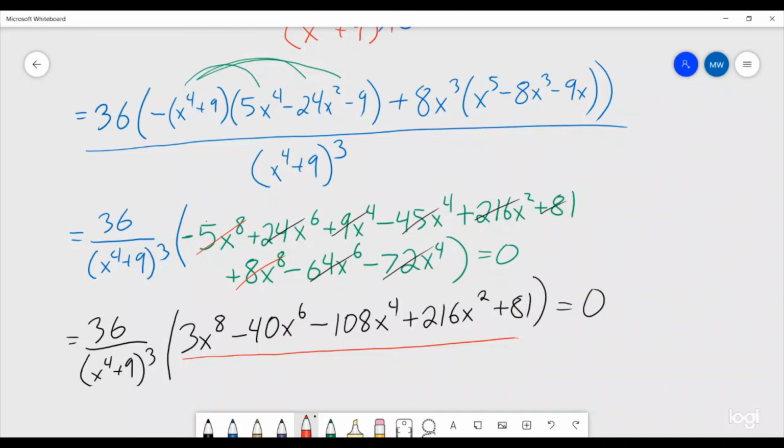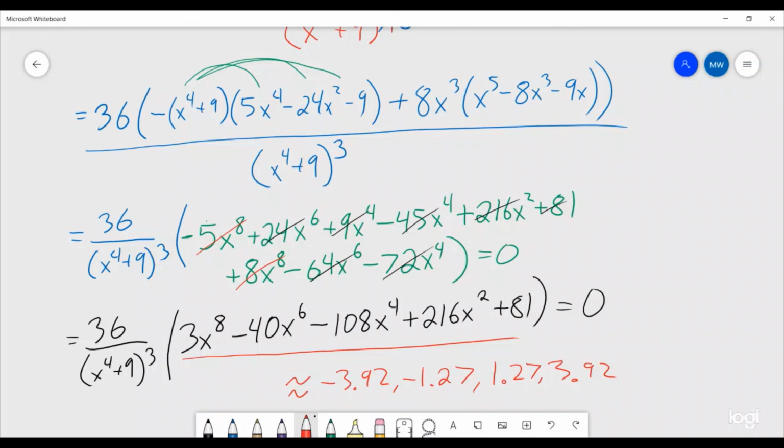Alright, so this one has a few different spots where we have some solutions, and they are at approximately negative 3.92, negative 1.27, positive 1.27, and positive 3.92. So those are where we have approximate zeros.